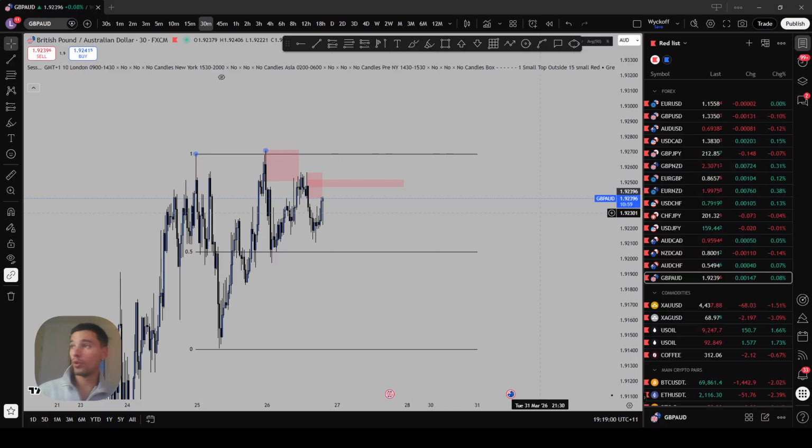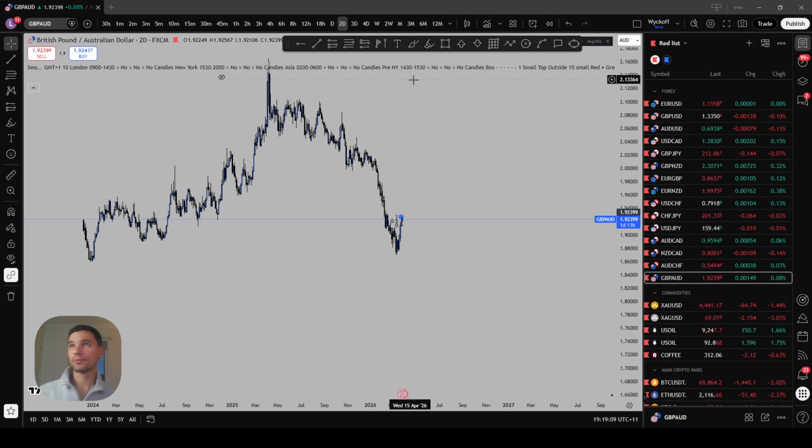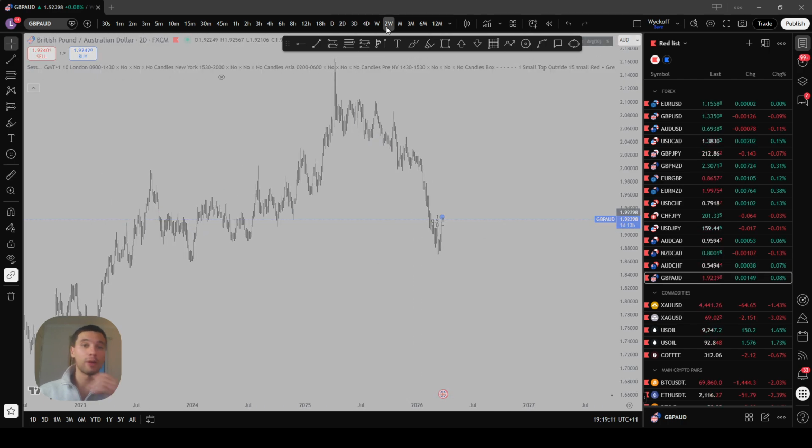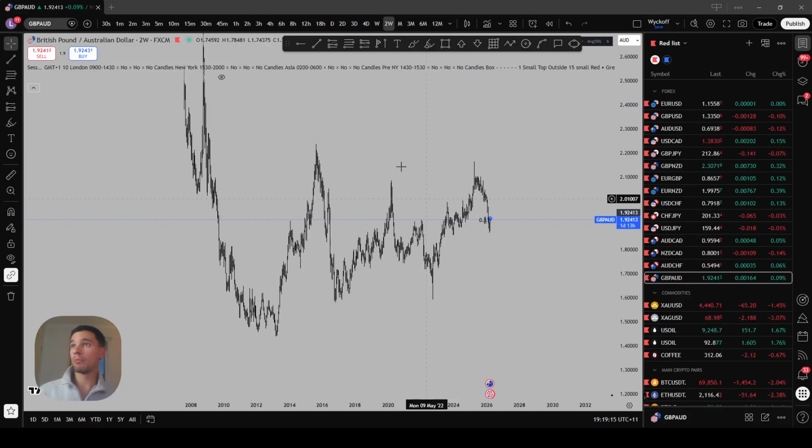I'm going to jump in quick with this GBP AUD potential setup, which I had charted not too long ago. We have been downtrending for a while, and I do expect price to go lower.